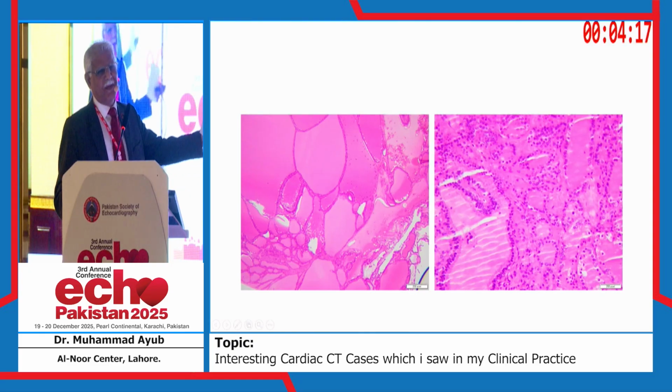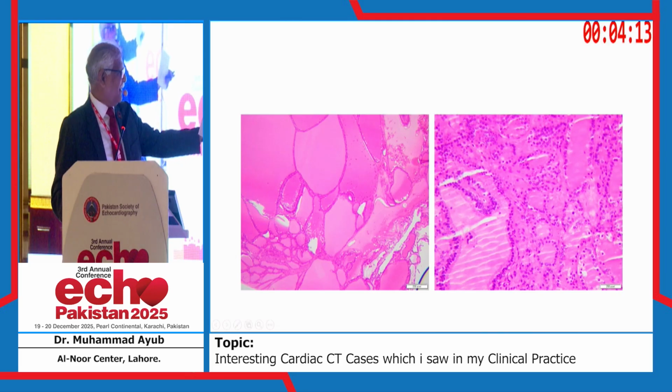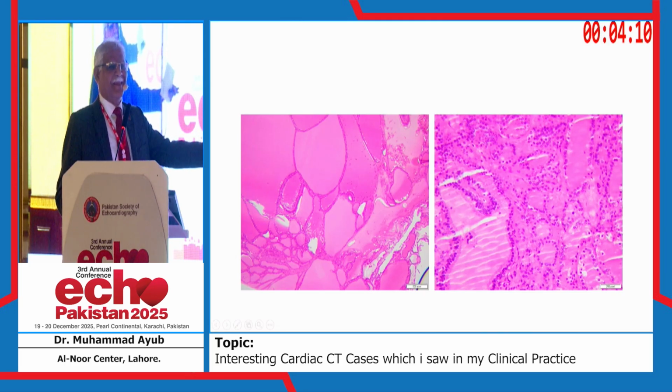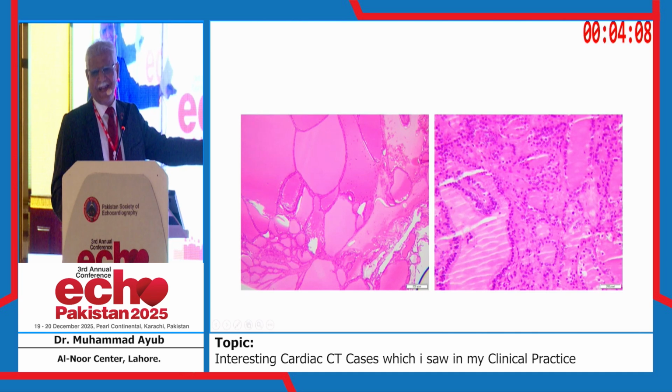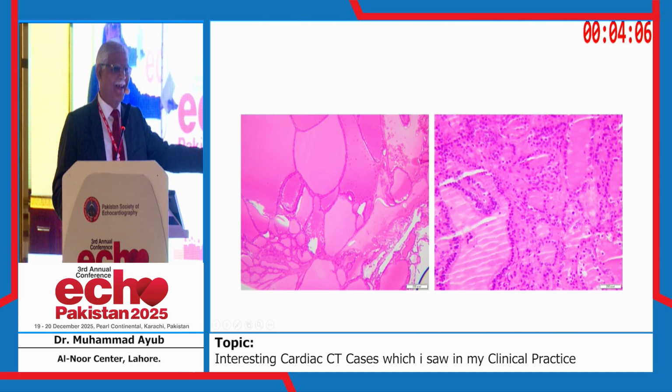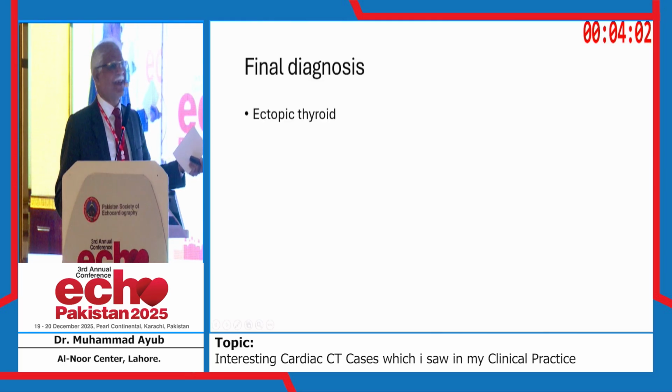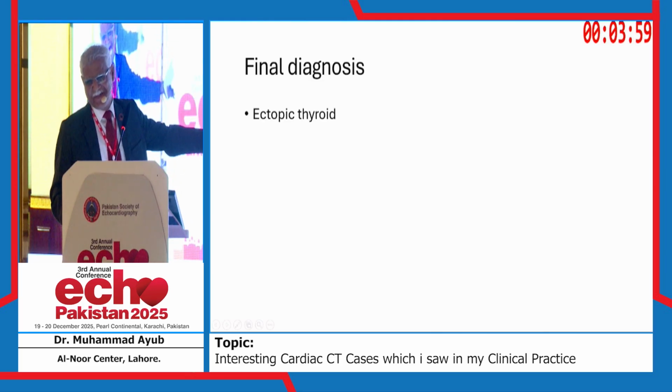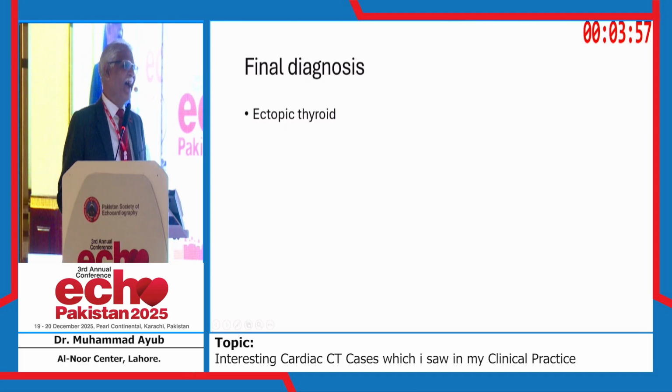You may remember the slides from your preclinical classes. What does this tissue look like? Sorry? This was thyroid tissue. Adult thyroid tissue in the heart.